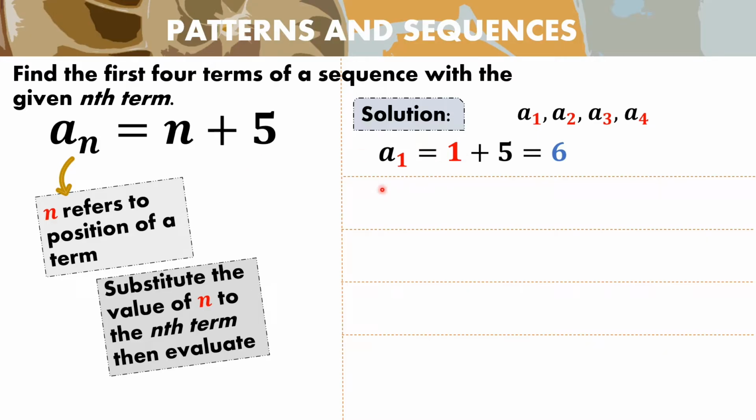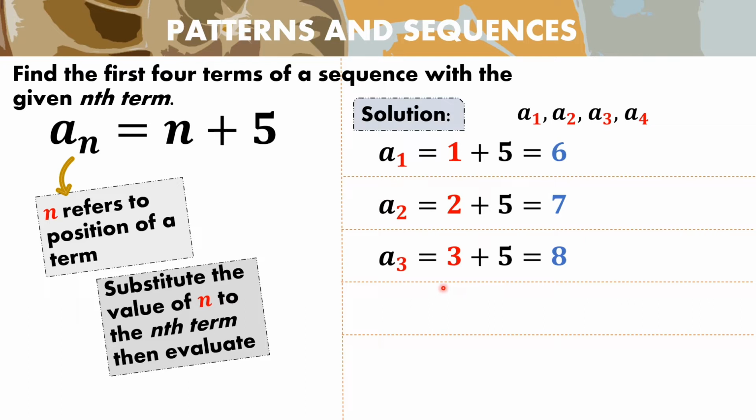A sub 1 equals 1, since n is 1 in the first term, plus 5 equals 6. Then 6 is the first term. Second term, or a sub 2. Since n is 2, that is 2 plus 5 equals 7. Second term is 7. Next, a sub 3.